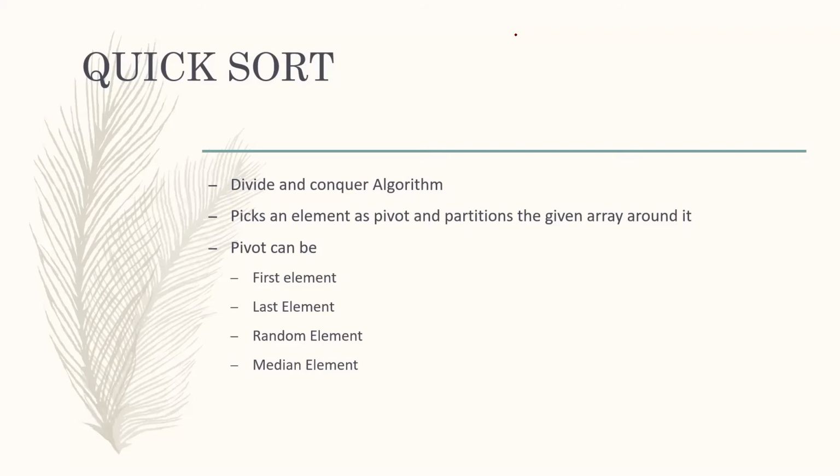What is a pivot element? Any element whose position is common in each and every iteration. I'm talking about the element's position, not the element. We use it to sort the whole array. That's why we call it the pivot.